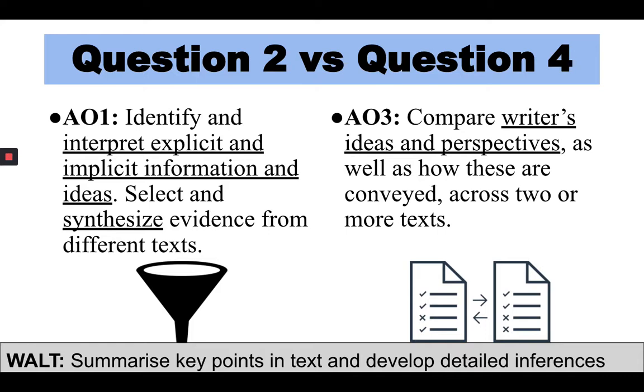AO3, which is writers' ideas and attitudes, is question 4. So one way I teach it is question 2 will ask you about the what of the texts, the surfboards, whereas question 4 will ask you about the activity, the surfing. Question 2 will ask you about bikes, whereas question 4 will ask you about the different attitudes to biking.